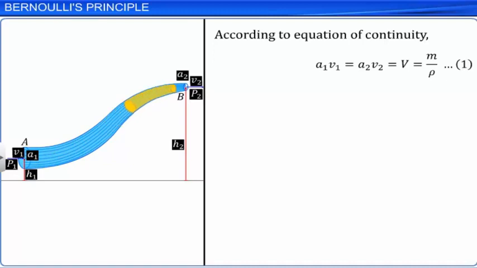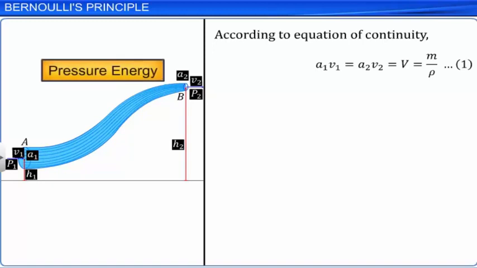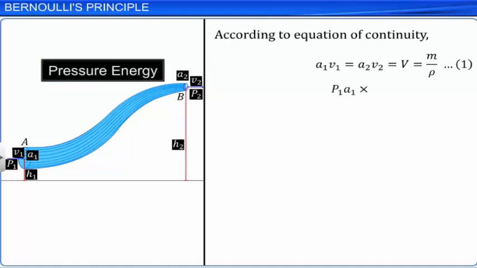Thus, the work done per second on the liquid element against the force due to pressure at A, which is referred to as pressure energy, is given by P1A1V1 is equal to P1V. Let this be equation 2.